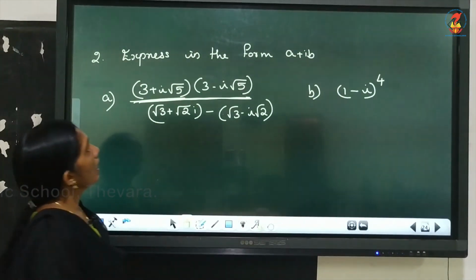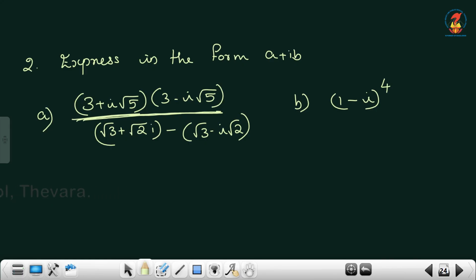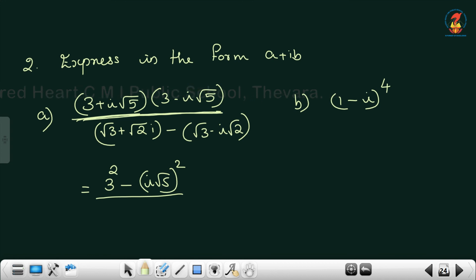Now the next one, express in the form a plus ib. It is a complicated expression. We have to simplify and write in the form a plus ib. So the numerator you have to multiply; it is of the form a plus b and a minus b. So I can write this equal to a square minus b square. There you have to take i, and here subtraction, root 3 plus root 2i minus root 3 plus i root 2.